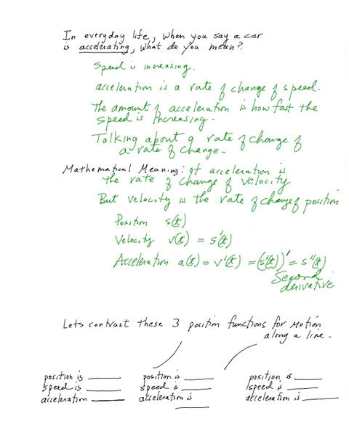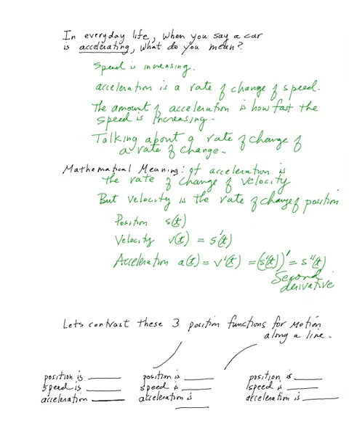A derivative is a function. Its value is the rate of change of our original function, but we could be talking about the rate of change of the derivative, which would be the second derivative function. Now let's look at these three position functions for motion along a line and compare and contrast them.